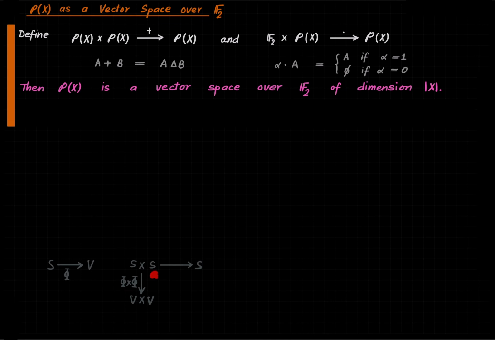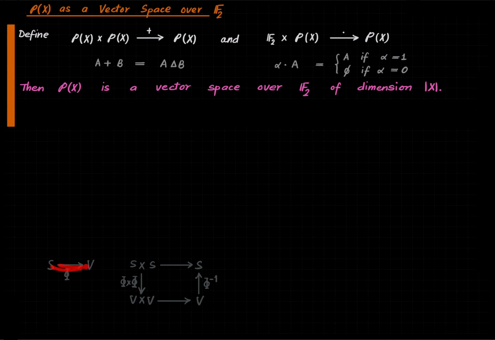So if you feed it a comma b, it will output phi a comma phi b. So this is also a bijection. Okay, so you go here. Now here you can add, since this was a vector space. So you add things, you get something in V. And now you come back to S by applying phi inverse. You wanted to add two things here, but you can't, it's just a set.